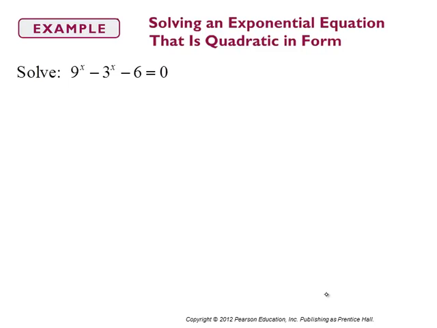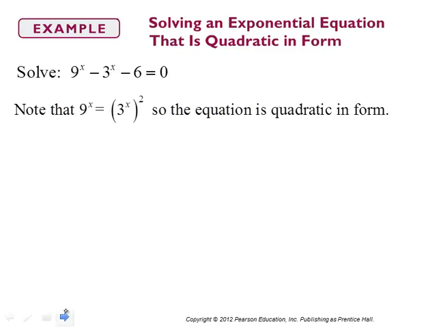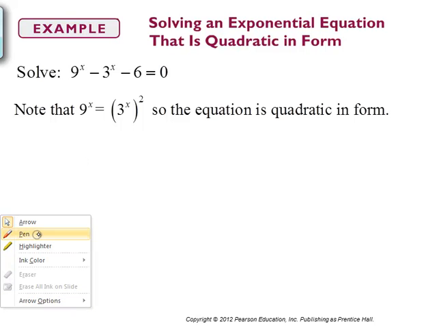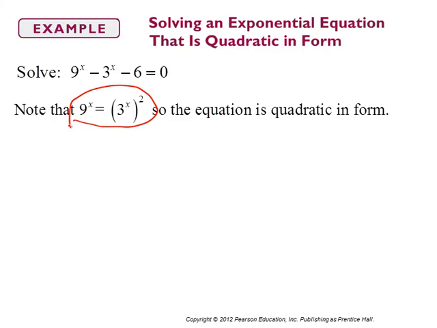Write that 9 as 3 squared, so you'll have 3 raised to the 2x power, which could be thought of as 3 to the x power squared. If you are able to see this equivalency, then you'll notice this is just a quadratic equation.